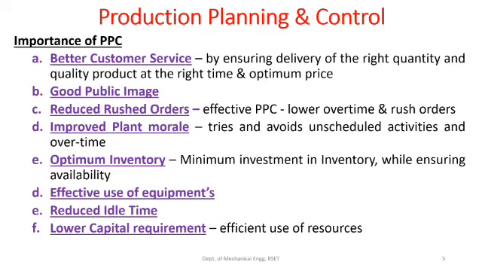Effective production planning and control will help you to lower the overtime and lower the rush orders. You will be able to plan your production activities in such a manner that you do not have to force your labor into overtime to finish orders at the right time, or push your production facility to its maximum to meet the deadlines. So reducing rush orders is another importance.